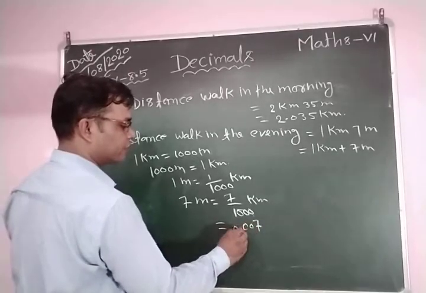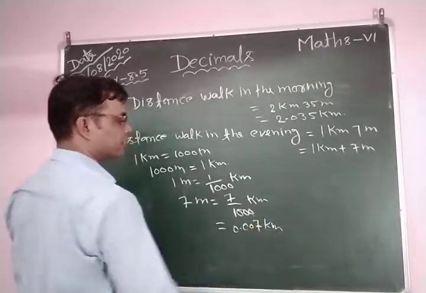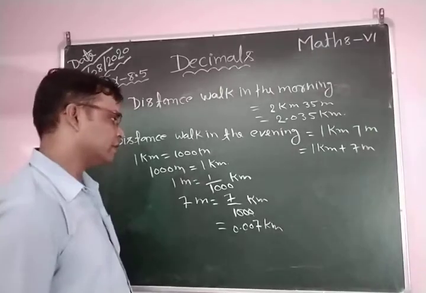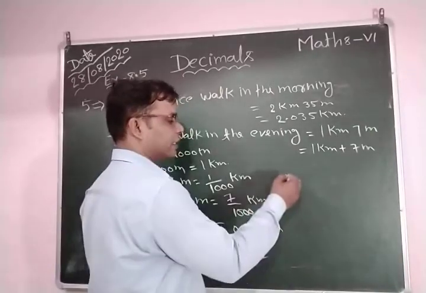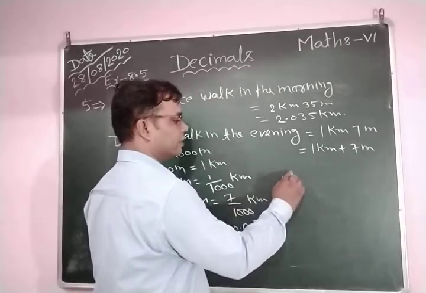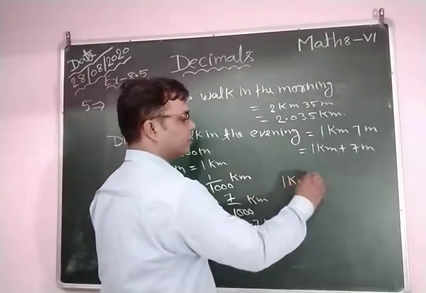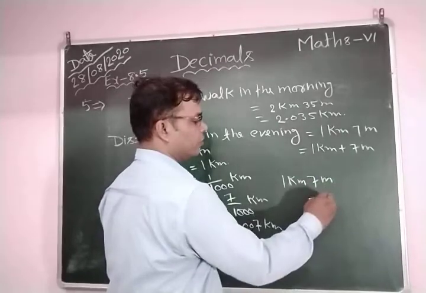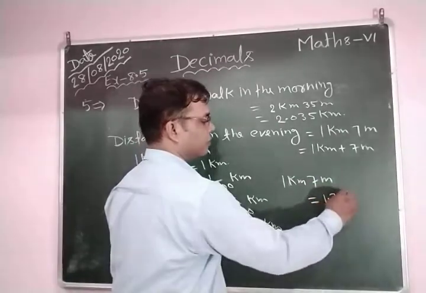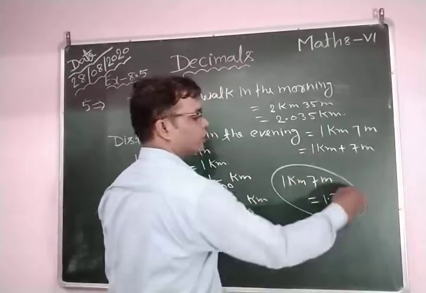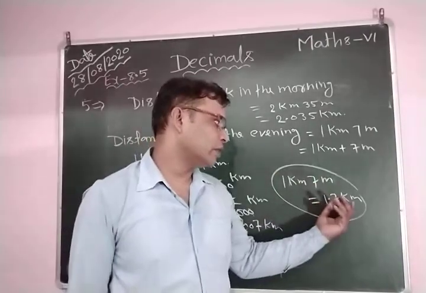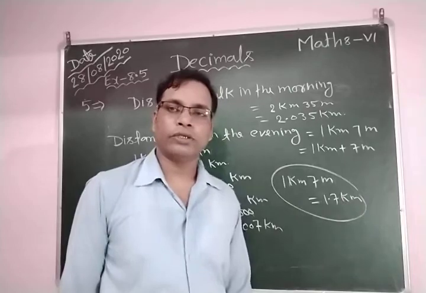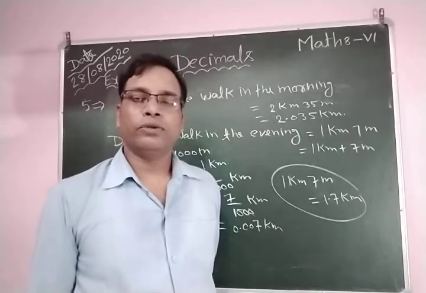We can write it as 0.007 kilometers. Sometimes in exams, students directly sum them and write 1 kilometer 7 meter is equal to 1.7 kilometer. This is totally wrong, and you lose your marks.